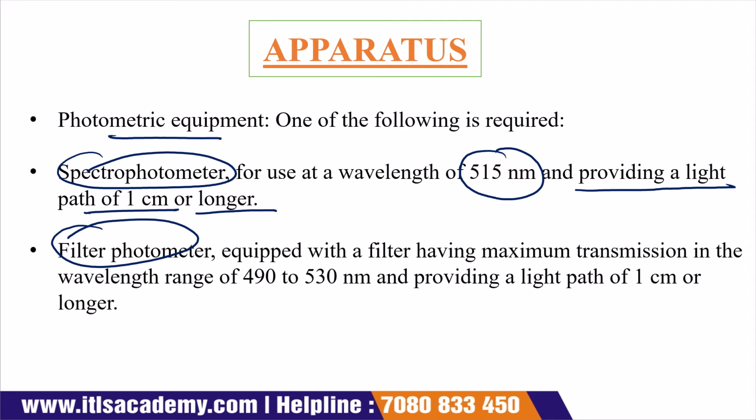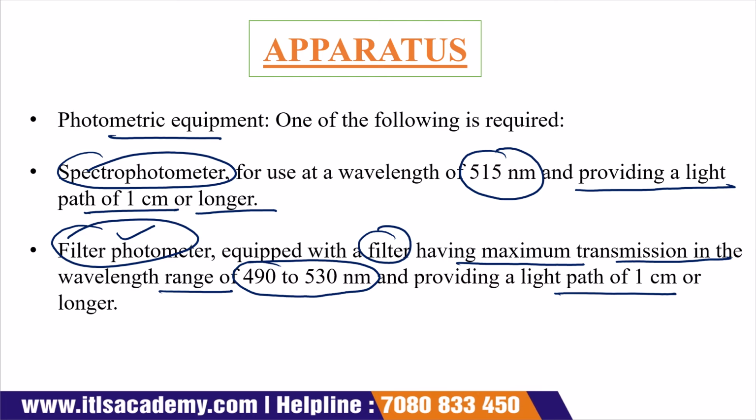In place of a spectrophotometer, if we use a filter photometer, then it is equipped with a filter having maximum transmission in the wavelength range of around 490 to 530 nanometers and a path length of 1 centimeter or longer. So either a spectrophotometer whose wavelength is 515 nanometers, or a filter photometer whose wavelength is around 490 to 530 nanometers, with a light path of around 1 centimeter.